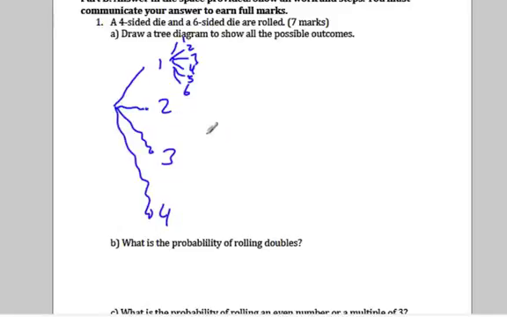And we could continue this. Now, since there's 6 outcomes for each of these, there's 24 outcomes total. Okay, so this would continue. Excuse my mess here, but you get the idea. So there's going to be a total of 24 outcomes.